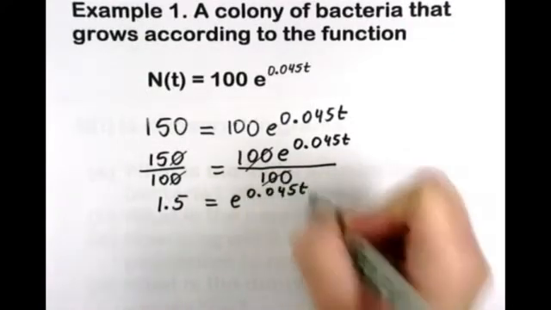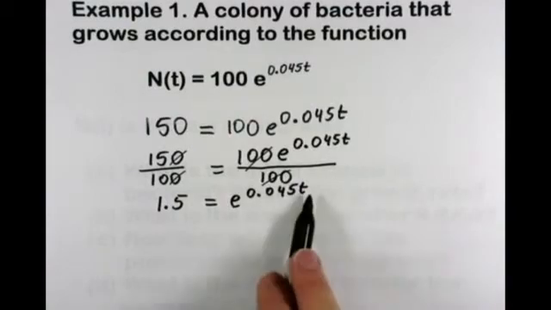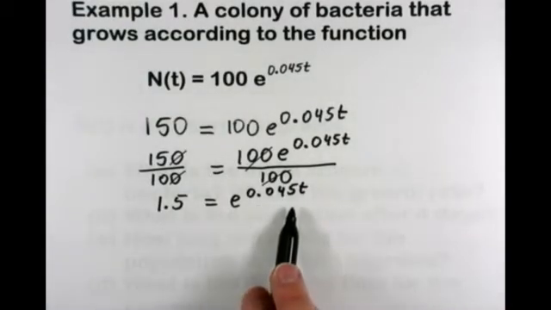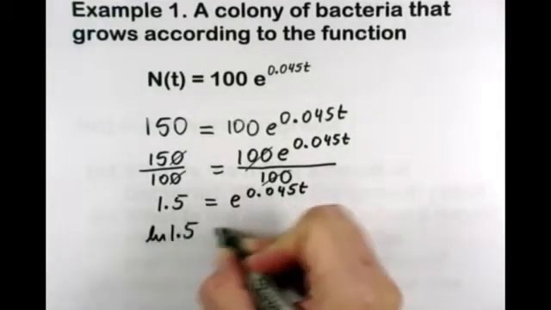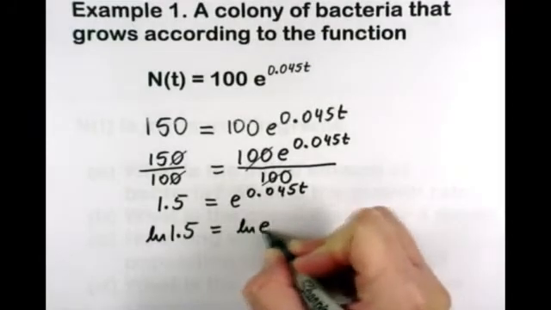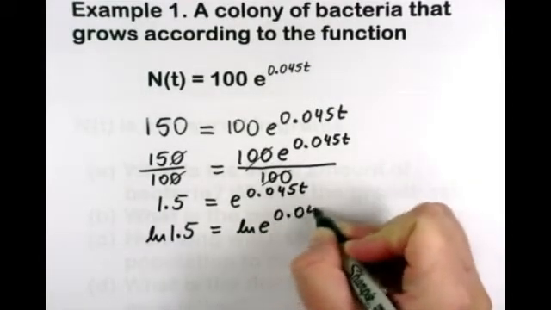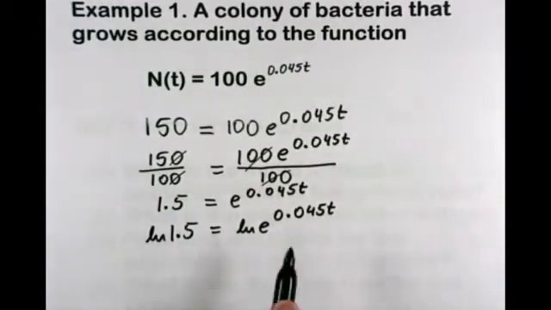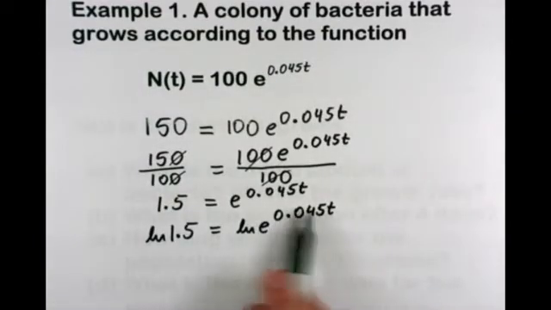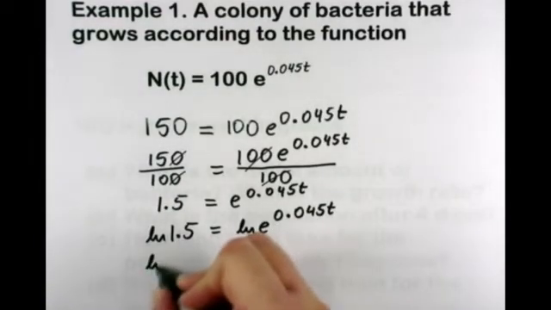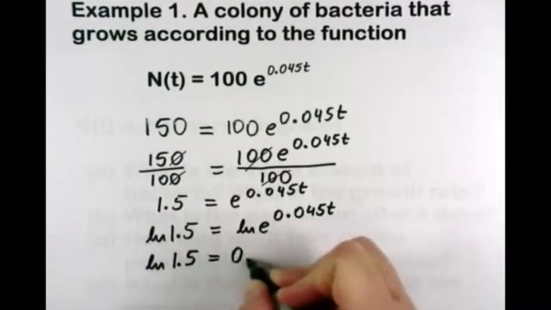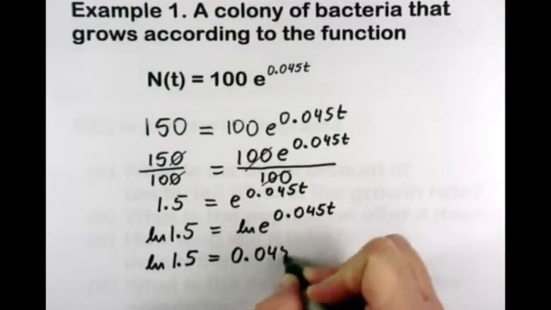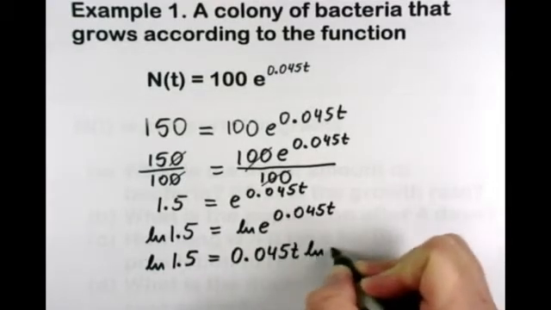Now we need to bring that t down, so we take the log of both sides. I'm going to take the natural log. ln 1.5 = ln e^(0.045t). By the property of logs, the exponent goes in front, so ln 1.5 = 0.045t times ln e.